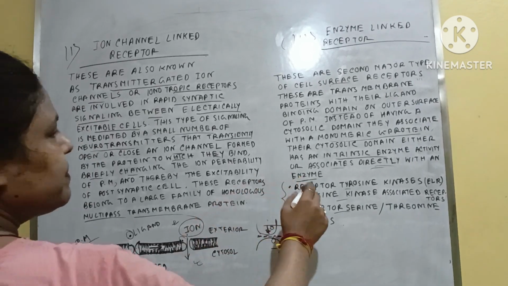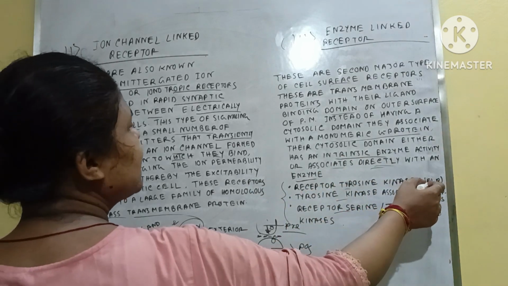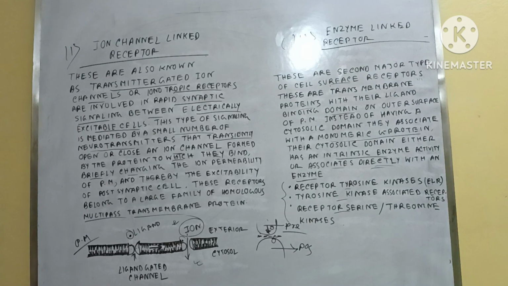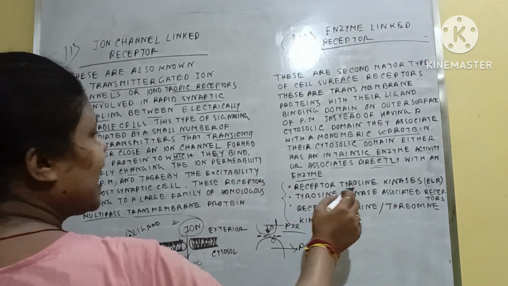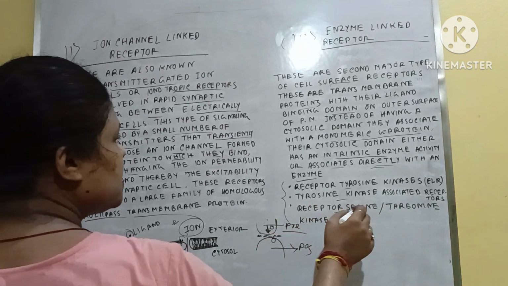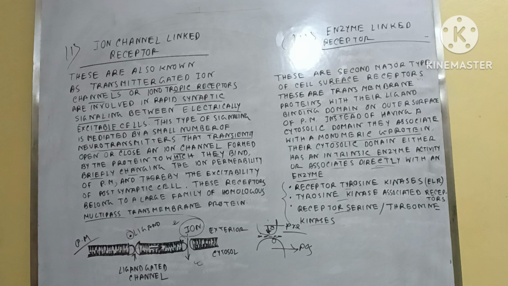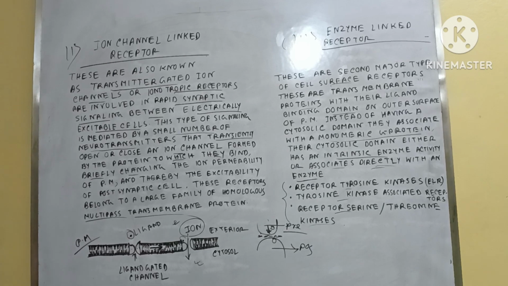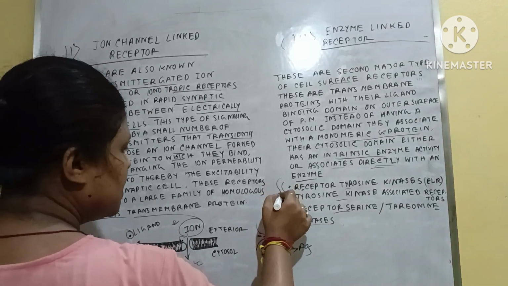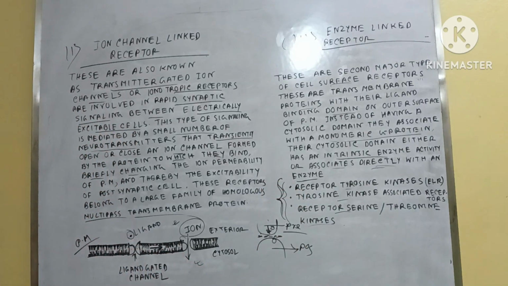One is the receptor tyrosine kinases. ELR means enzyme linked receptor. The second is the tyrosine kinase associated receptors, and the third is the receptor serine or threonine kinases. In my next video I will try to explain these three receptors, and also some topics related to the GPCR.